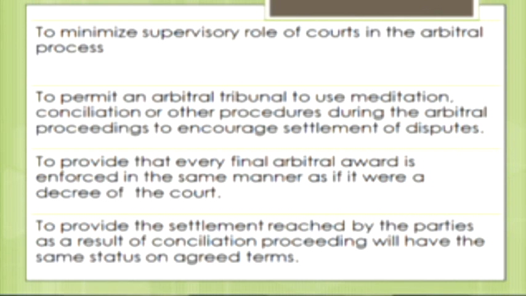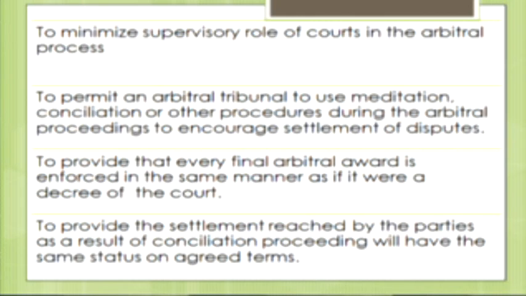And the next is to minimize the supervisory role of the court. It is one of the very important roles for all the mechanisms or methods used, to minimize the supervisory role of a court. Another is to permit the use of mediation, counseling and other procedural factors.